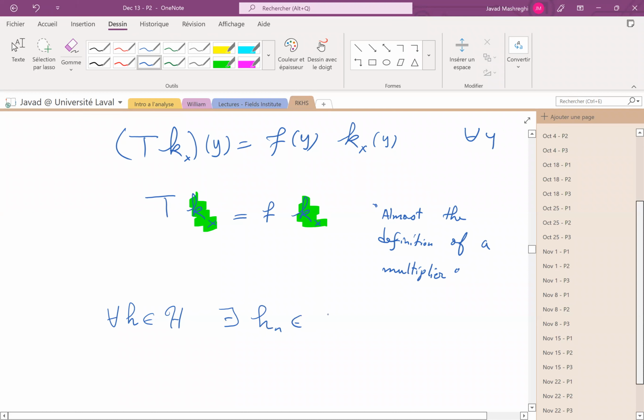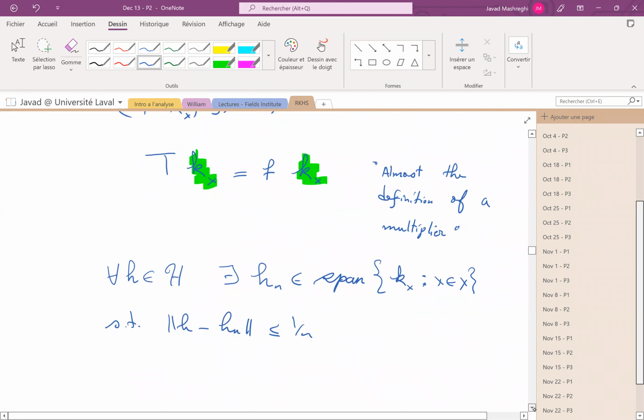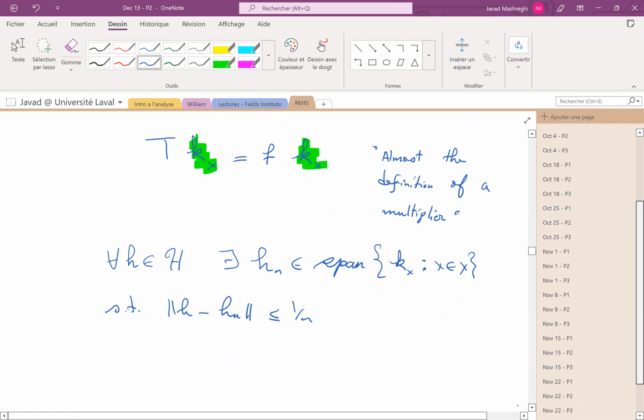There is hn, which is in a span of kx, x in X, such that they are close. I mean, the norm of h minus hn is as small as you wish, for example, less than 1 over n. And since this is in a span, we know that T hn is equal to f hn.